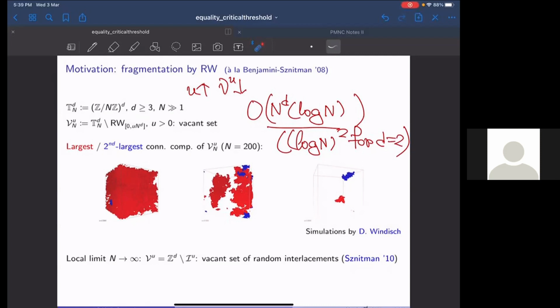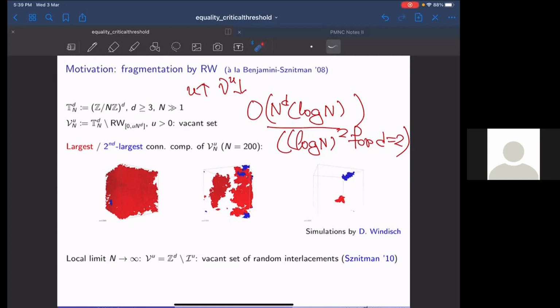And again, it's credited to David Windisch, where we see the picture corresponding to n equals 200. The red cluster indicates the largest connected component in the torus, whereas the blue is the second largest component.